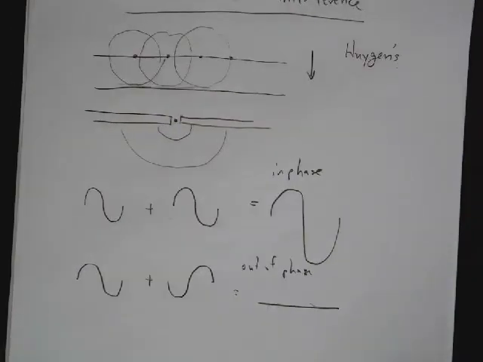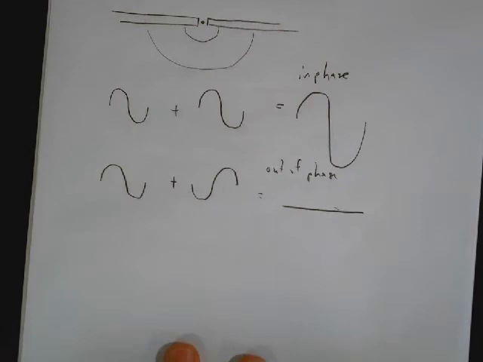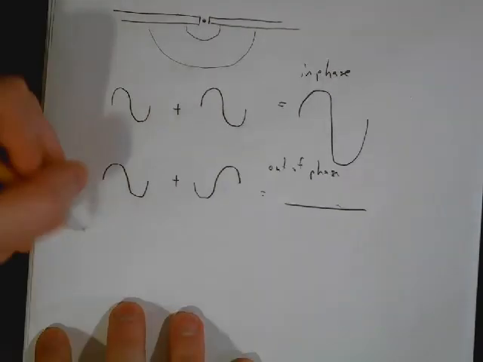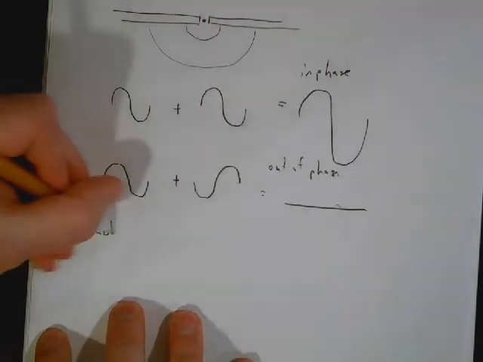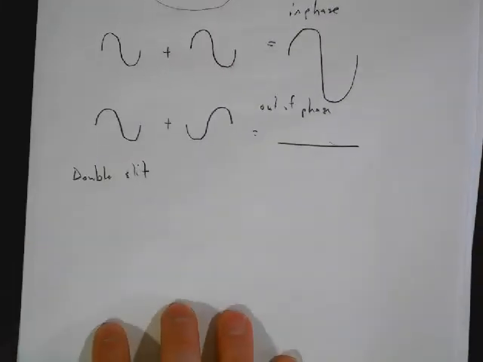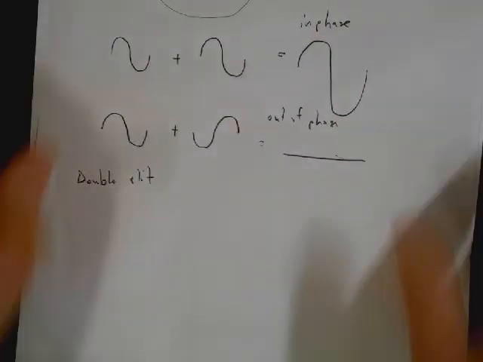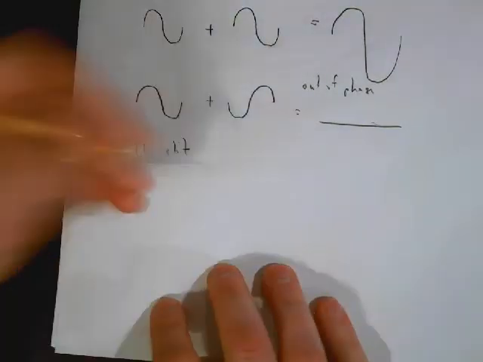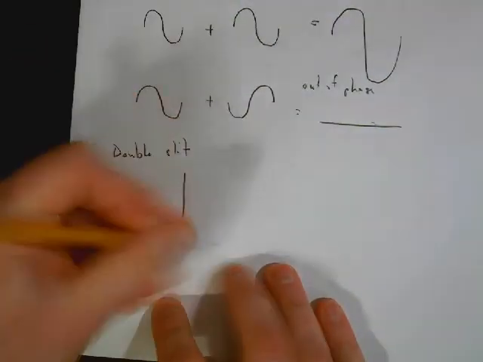Okay. We had three main things that we dealt with. The first one was double slit. And just a quick explanation with your picture, because the key to physics is being able to draw a good picture that represents the problem.